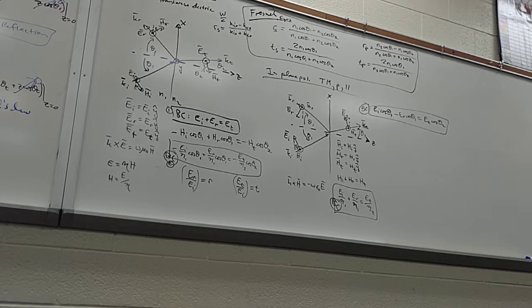And all we know is the irradiance I_I. So how much incident power do I have on area A? Is that right? I_I times A, is that right? Is A perpendicular to this direction?